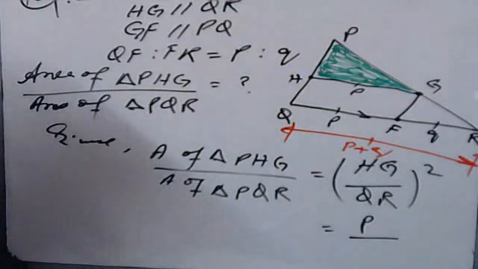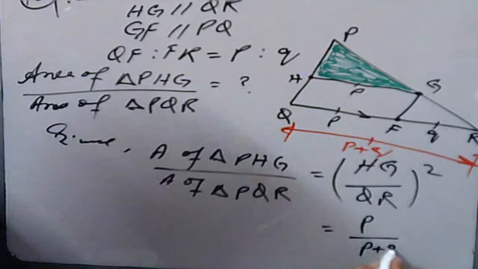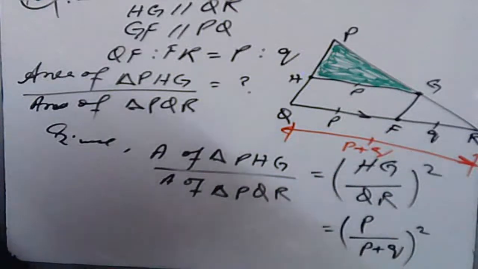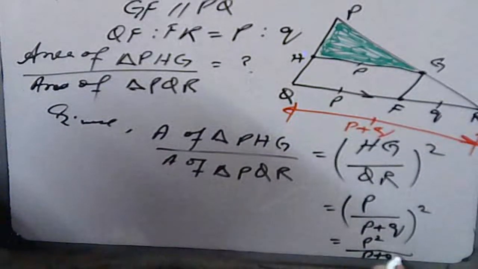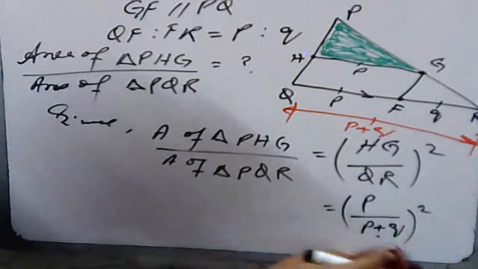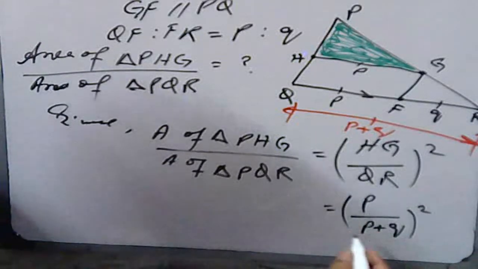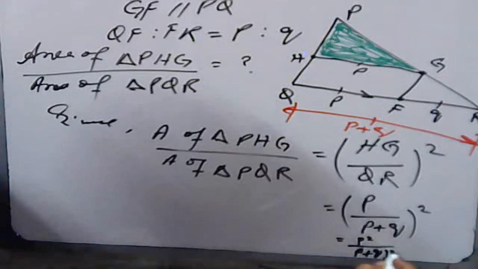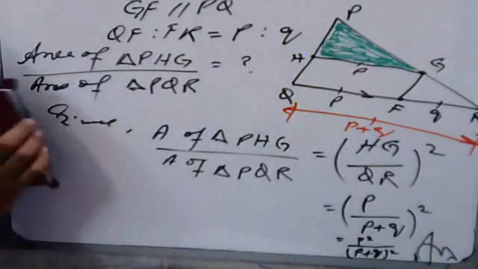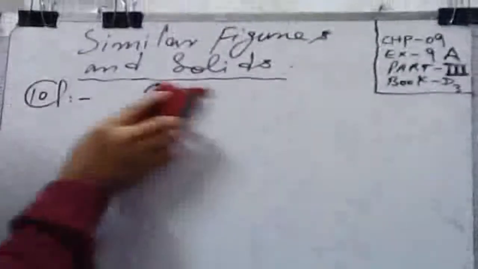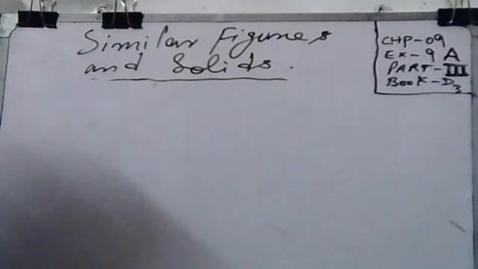So up to here it must be P plus Q. So that's why QR must be equal to P plus Q. So you can write as P square divided by P plus Q whole square is your required result.